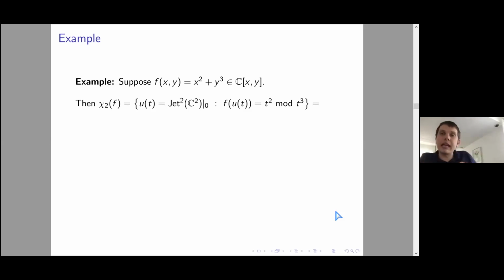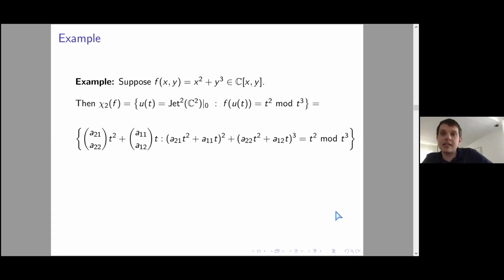So again, this is just the definition. I'm going to look at the second contact locus, chi 2 of f. So that's the space of two-jets, so that when I compose f with this two-jet, I get t squared modulo t cubed. So in equations, it's this. So a general two-jet in C2 looks like this.